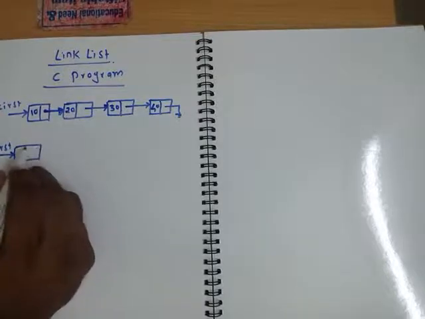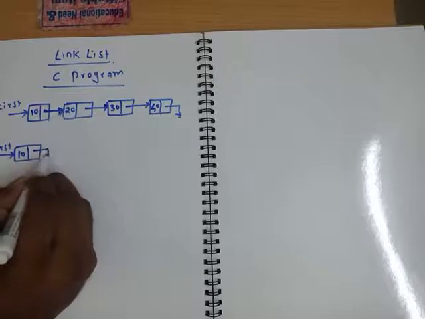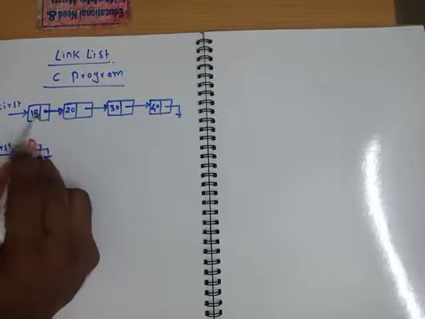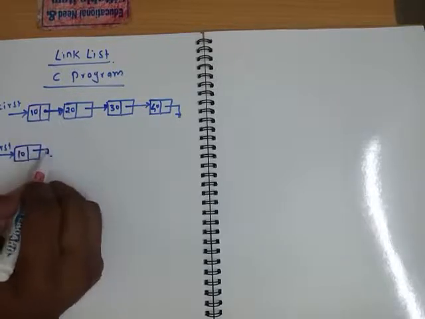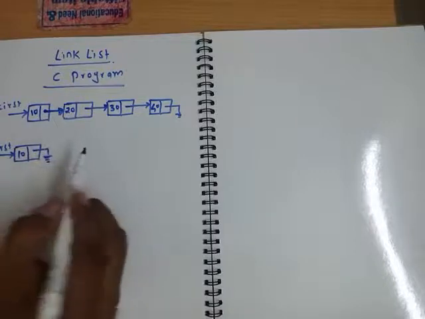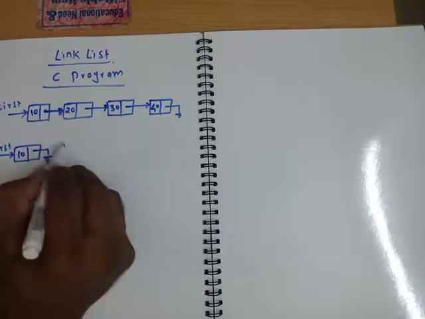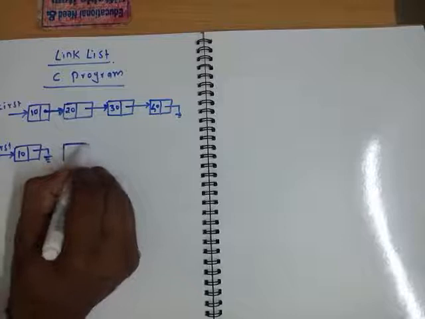We'll ask the user for the data and store that data here in this node. As we don't have any node to point to, the next pointer of this first node will be null for now.